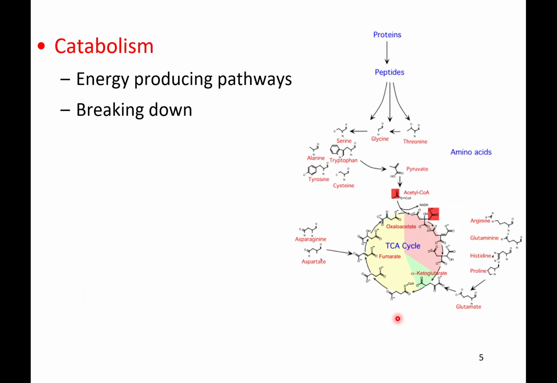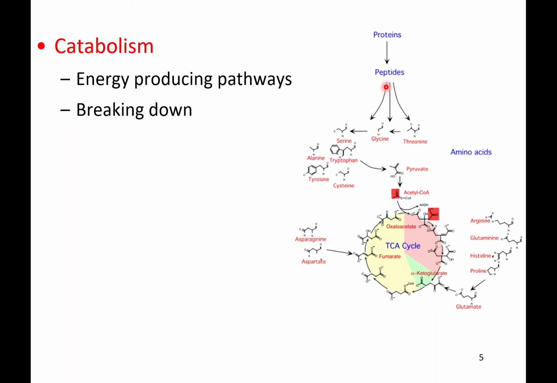Metabolism can be broken down into two parts. One is what's known as catabolism, and this is generally thought of as energy producing pathways. You're producing energy by breaking things down, taking more complex things. In this example, you have proteins.